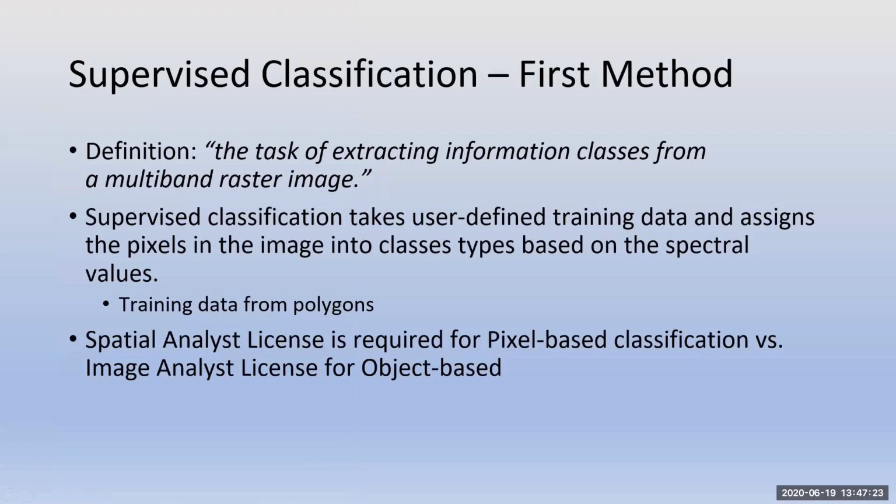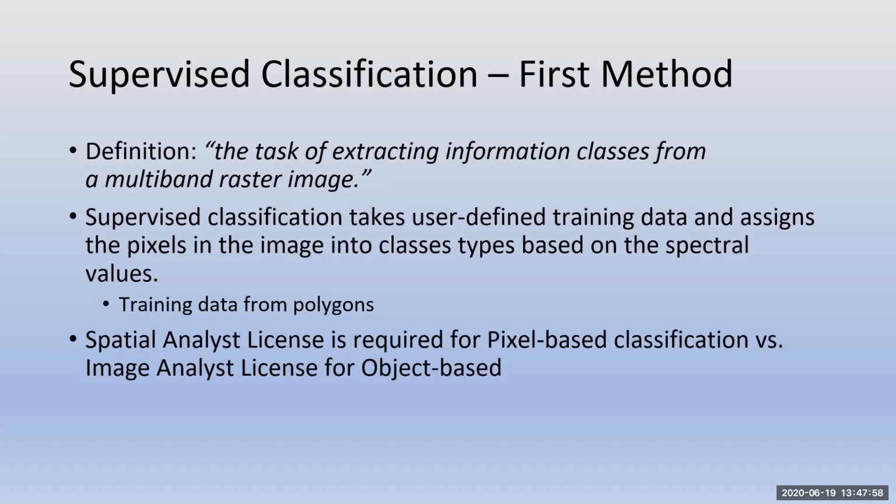So our first basically kick at the can was to do a supervised classification. And the definition of that is the task of extracting information classes from a multi-band raster image. So basically what we're doing is telling the pixels, each little square, or the groups of squares, what that is.